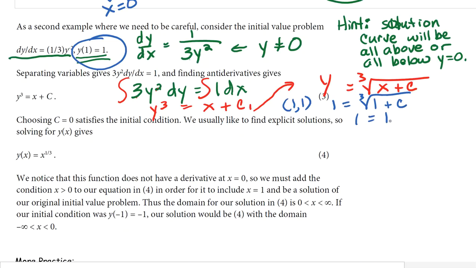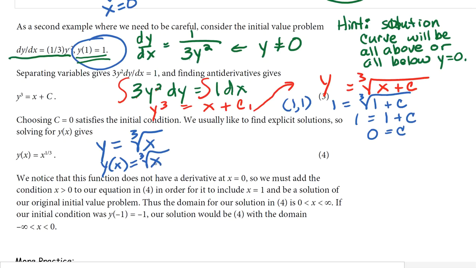So we cube both sides, and c turns out to be 0. So if you go back and read the solution here, it says that y is equal to the cube root of x, and they have it written in function notation y of x. Those are, of course, the same thing.